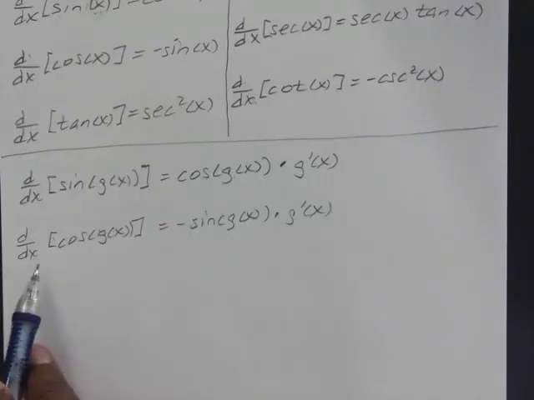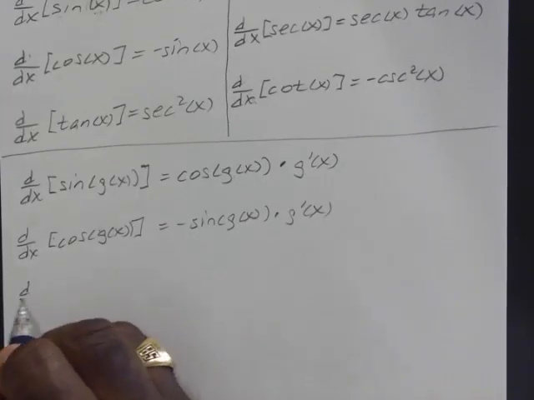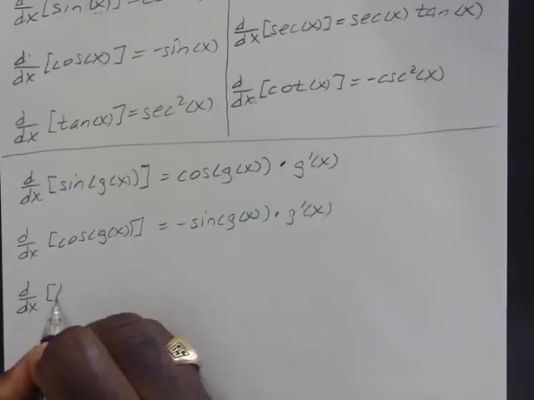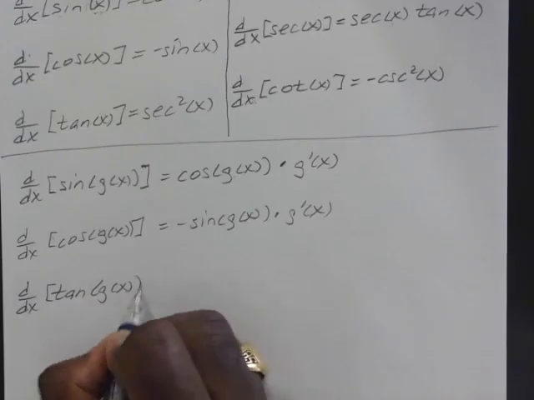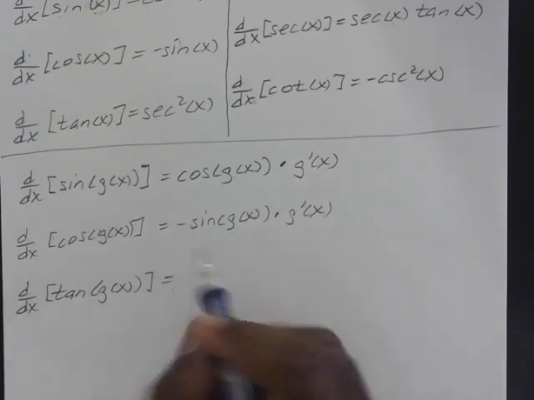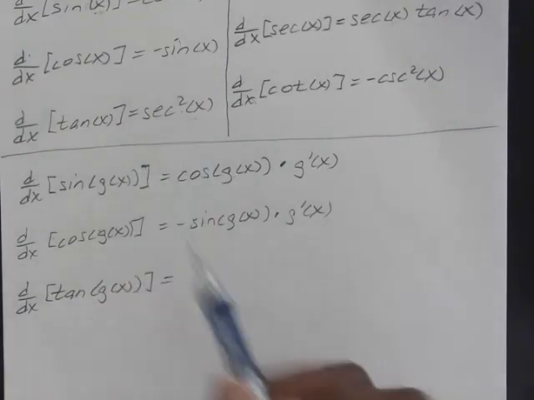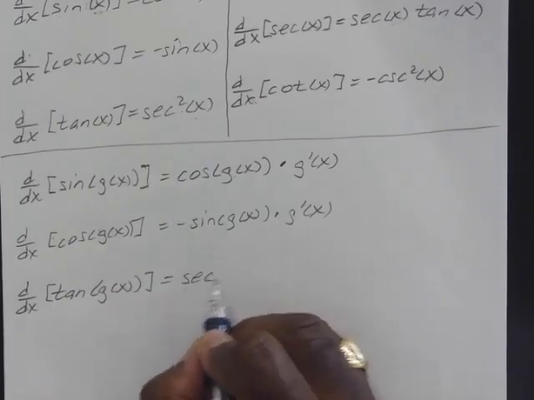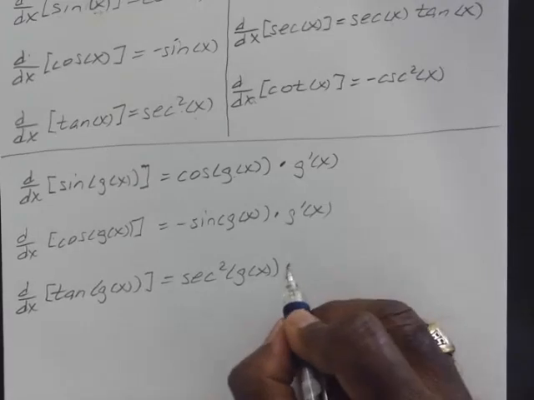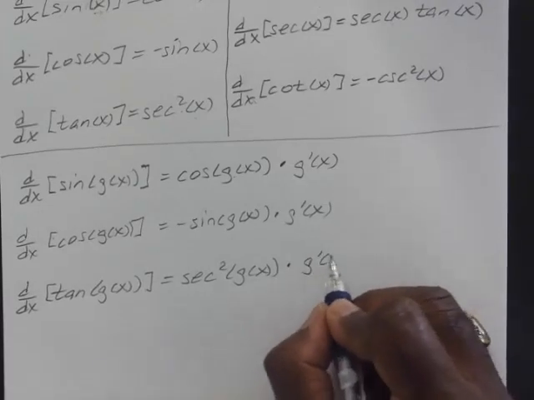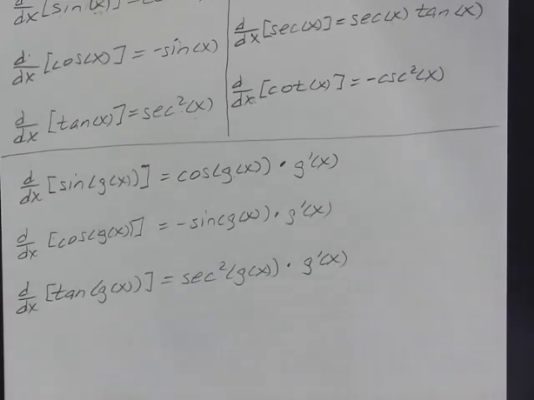Okay. Same thing with tangent. The derivative of tangent of g of x is equal to secant squared of g of x times the derivative of your function.